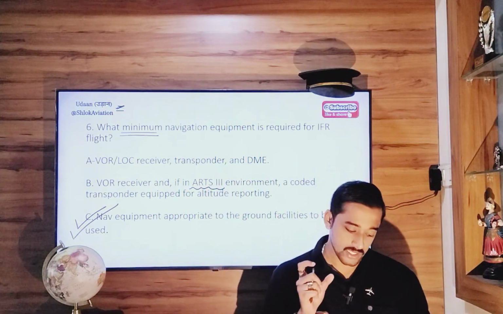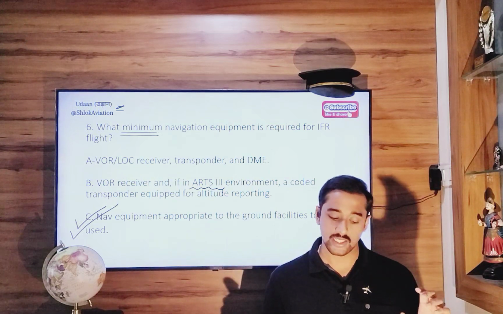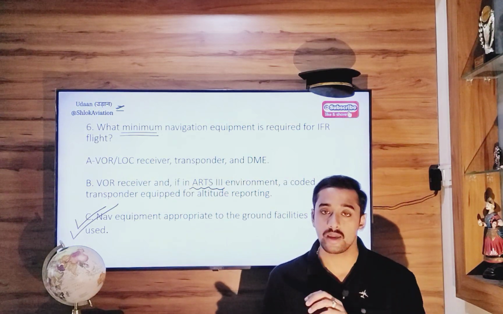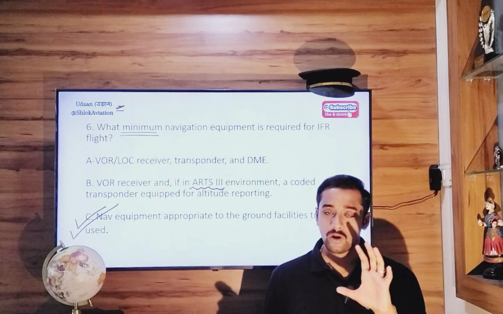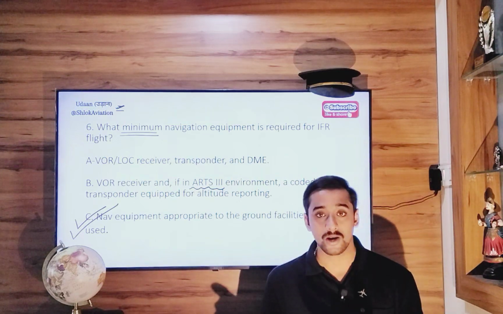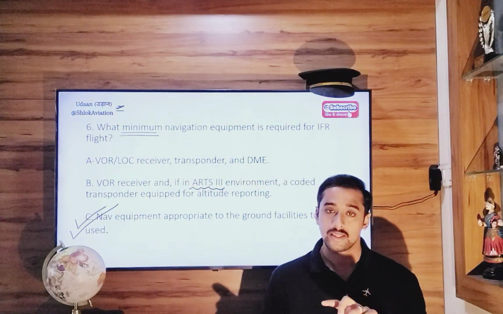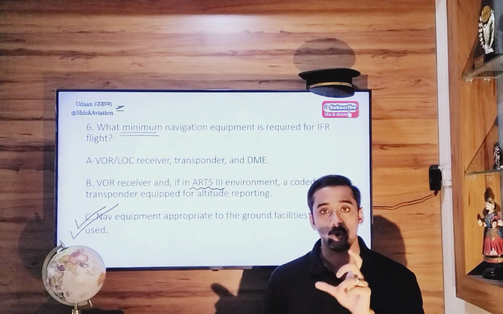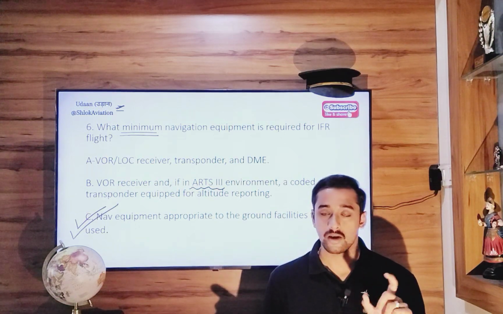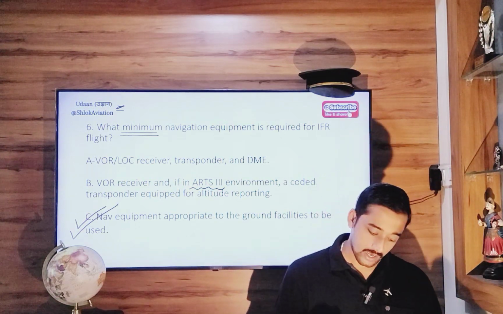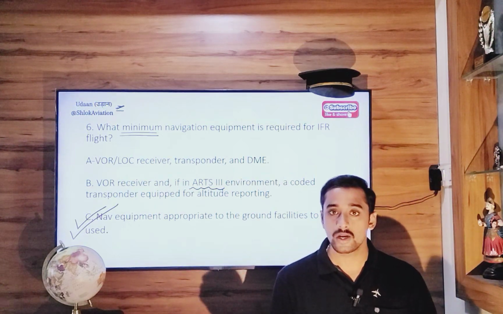So there is no specific criterion that you must have a VOR receiver, a transponder, a DME. There is no such thing. Depending on your IFR flight plan, what ground equipment you are going to come across, and the environment you are going to fly, you must have suitable, proper navigation equipment appropriate to that. So the correct answer will be nav equipment appropriate to the ground facilities that you are going to use.